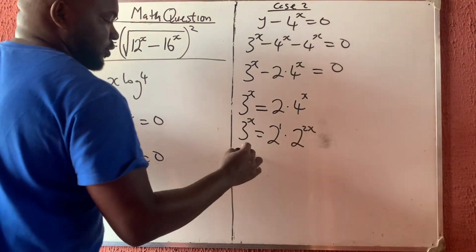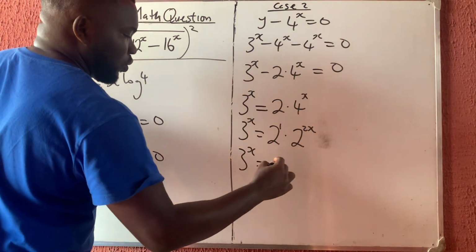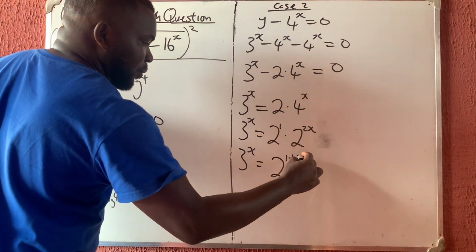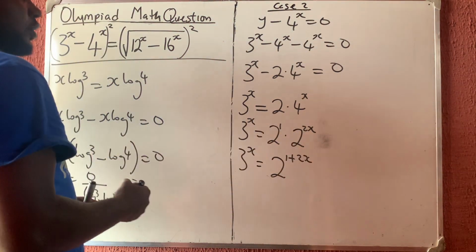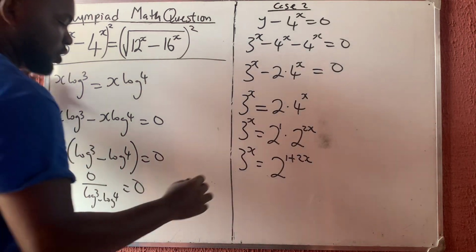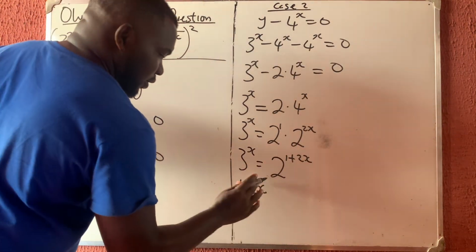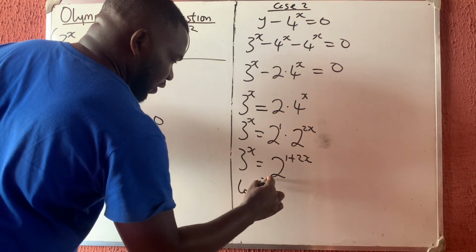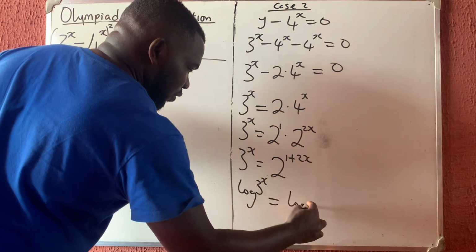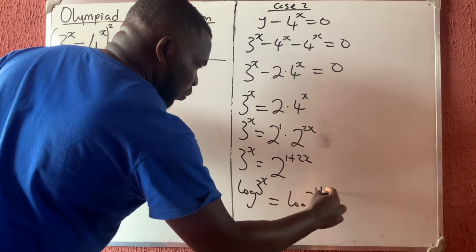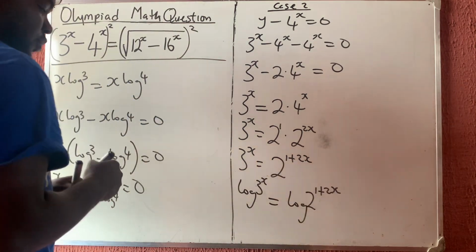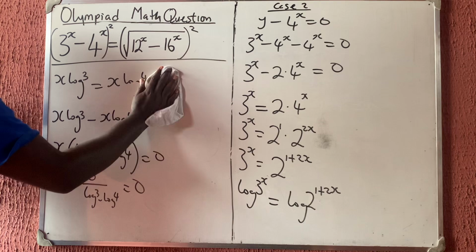So 3 raised to power x is equal to 2 raised to power 1 plus 2x, according to the law of indices. So we can now apply the logarithm again. So we say that log 3 raised to power x is equal to log 2 raised to power 1 plus 2x.